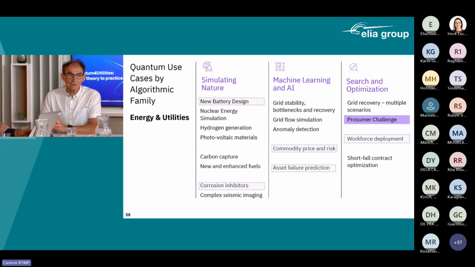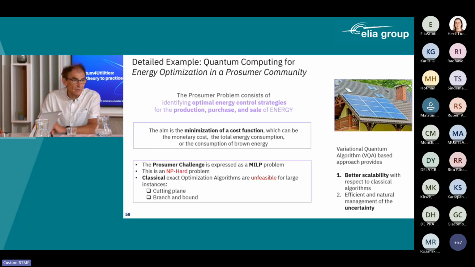Think about, of course, how to predict failures of certain types of equipment or assets. On the right-hand side, you find workforce deployment, how to optimize the resources, human resources, taking into consideration schedules. And you also find the prosumer problem. And that is the one I'm going to dive into now a little more in depth.